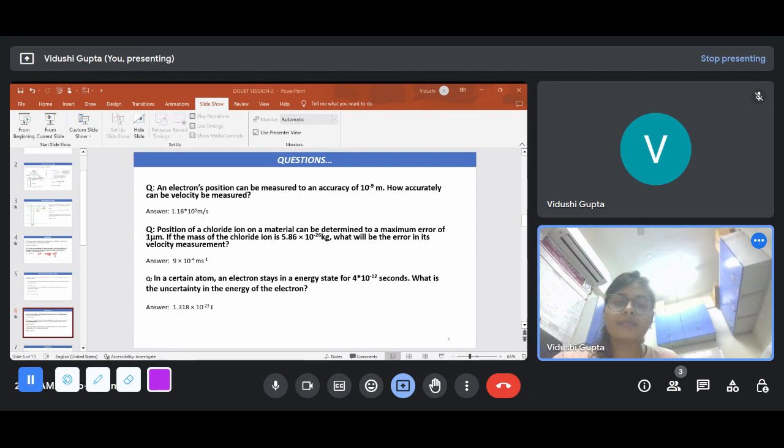Lx i cap plus Ly j cap plus Lz k cap. Similarly, R will be equal to x i cap plus y j cap plus z k cap.